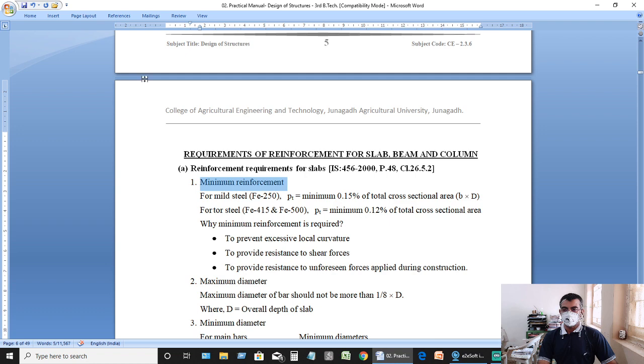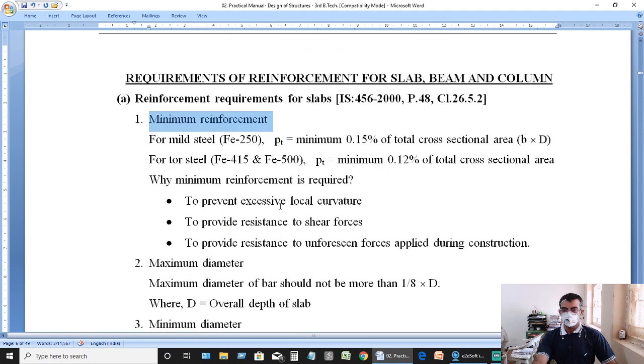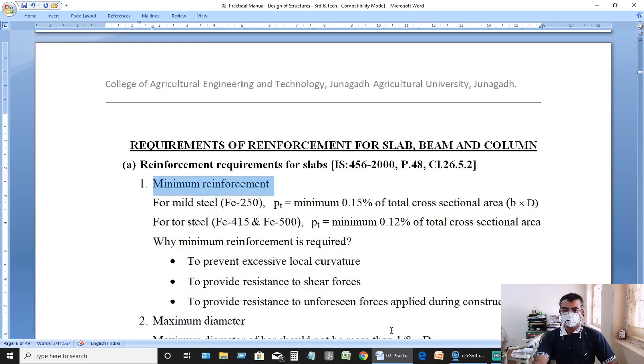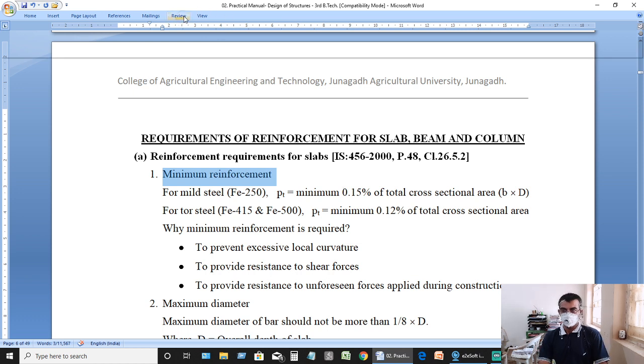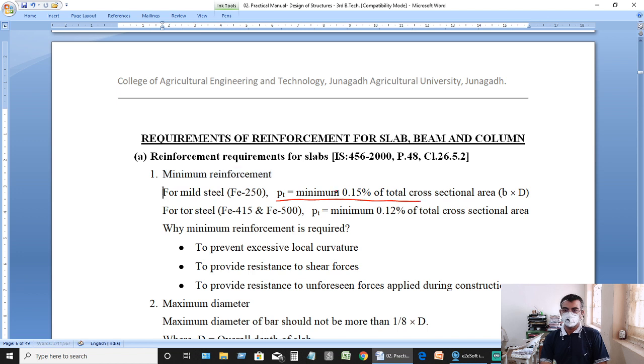Now the minimum requirement of reinforcement for mild steel: if we are using the mild steel, then the minimum percentage steel will be 0.15% of the total cross section area.